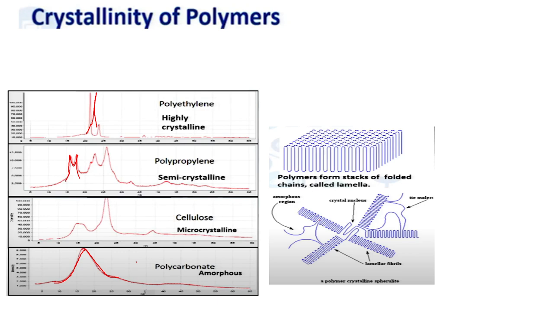Now here we will discuss a little bit how crystallization takes place. There are different mechanisms, like the back and fold mechanism, or different lamellar fibrils that form during the synthesis of the polymer and form the crystalline zone. So these areas are the crystalline zone, and in between there is the amorphous zone.